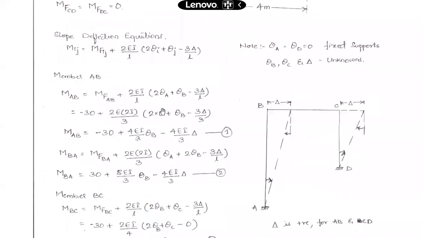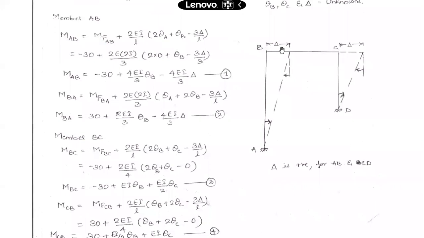What you need to consider is the sway factor here. This unknown delta is the horizontal displacement of joints B and C, and it has to be determined in the sway analysis. When we write the slope deflection equations, we get three unknowns: theta B, theta C, and delta, the horizontal displacement.